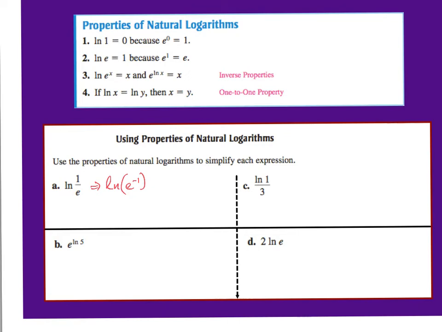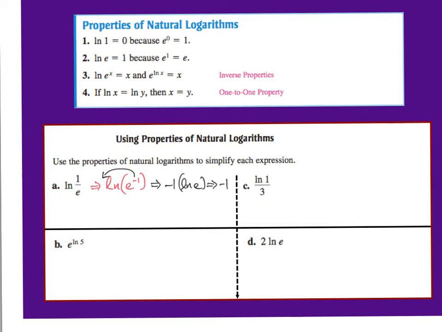So really, this is what the power property is doing. This -1 actually comes out there. And so this is really -1 times natural log of e. Well, what is natural log of e? The base and the input are the same. So what's natural log of e? 1. So I have -1 times 1, which we call -1.